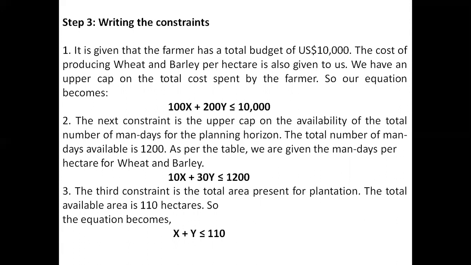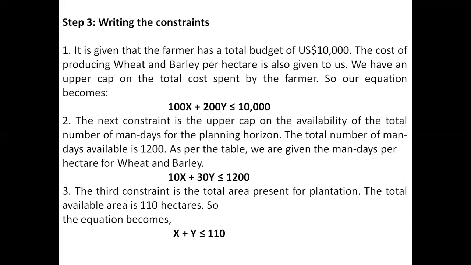Hence, we can calculate by equating with the maximum constraint. The maximum constraint here specifies the total investment or total budget of the farmer. Hence, the equation is 100x plus 200y less than or equal to 10,000.